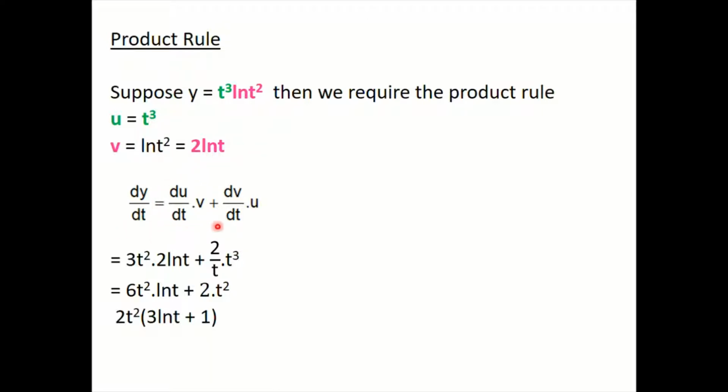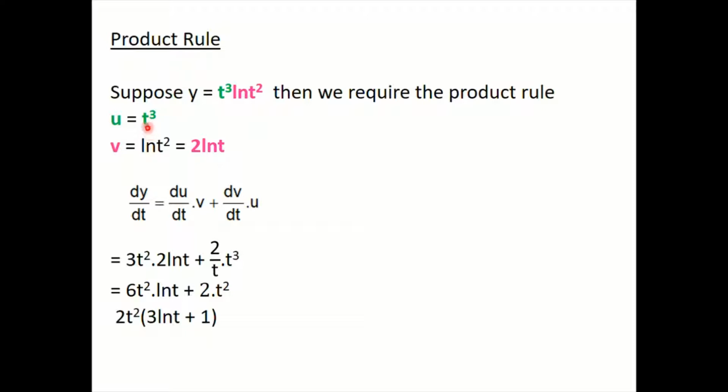So the product rule is set out below, and if we want to find the derivative of y with respect to t, the product rule tells us that we must differentiate the first function, which we are calling u, with respect to t.